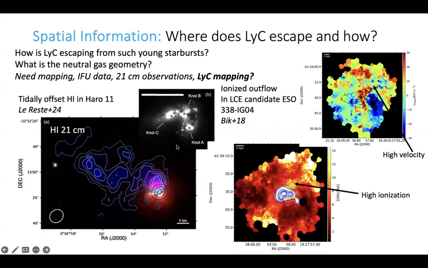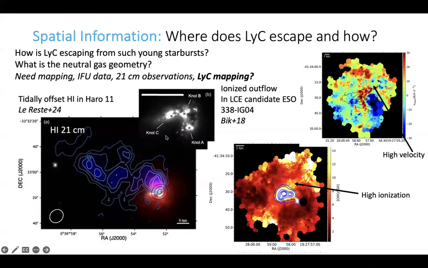For another local example, this is a Lyman Continuum emitting candidate galaxy that has IFU observations, but it doesn't have confirmed Lyman Continuum emission. It's again at very low redshift. And from this IFU data here, this is a velocity map of the galaxy, and this red area shows high velocity gas that's been identified as an outflow coming from the central starburst.